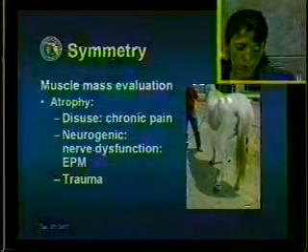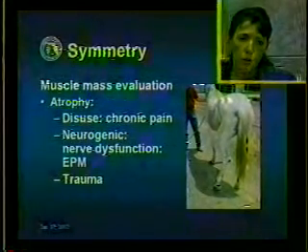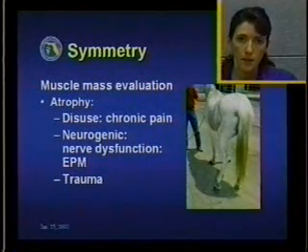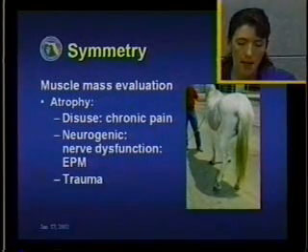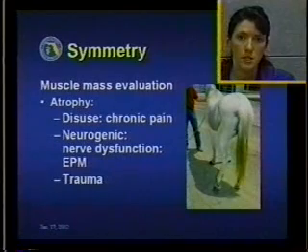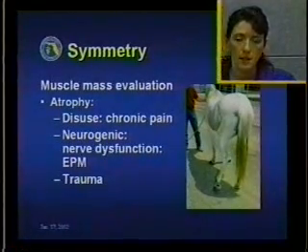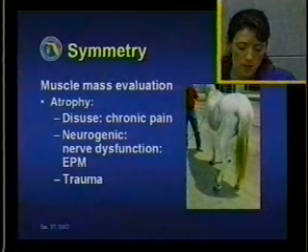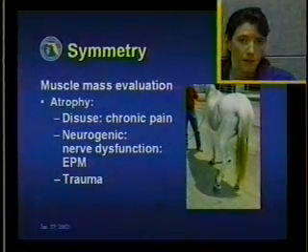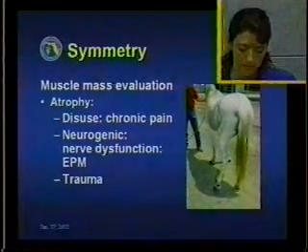Muscle atrophy can be caused by disuse or by chronic pain. In other cases, the atrophy can be neurogenic in origin, where nerve conduction to the muscles is prevented. This is fairly commonly observed in cases of EPM or after trauma.